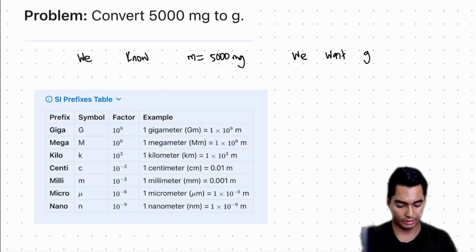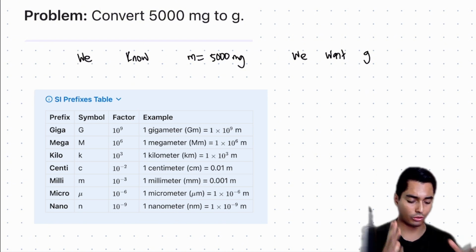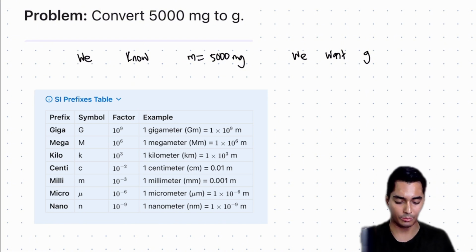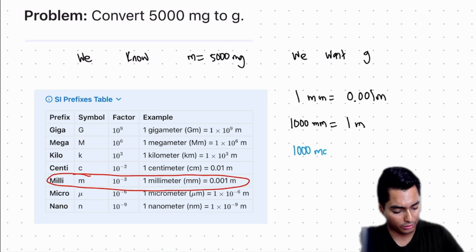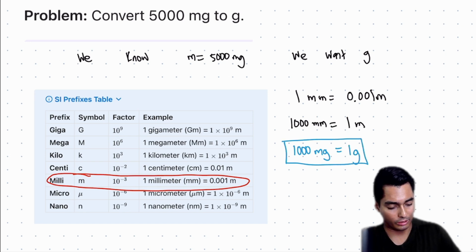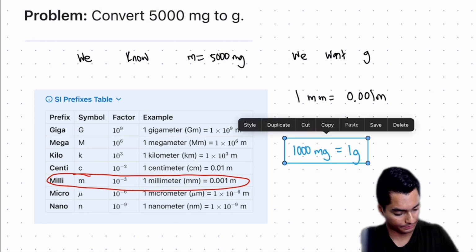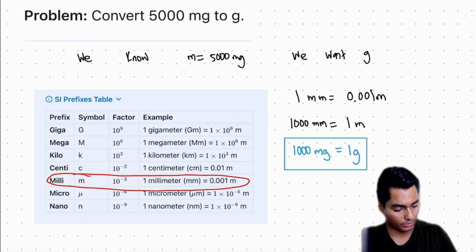And so me working in the lab for my PhD, I've done this calculation so many times that I'm just able to do this in my head, right? And it doesn't mean that I'm smarter or anything like that. It just means that I've just practiced a lot more. So we have 5,000 milligrams. We're going to say 1,000 milligrams is 1 gram. So this is the unit conversion that we're going to use here.